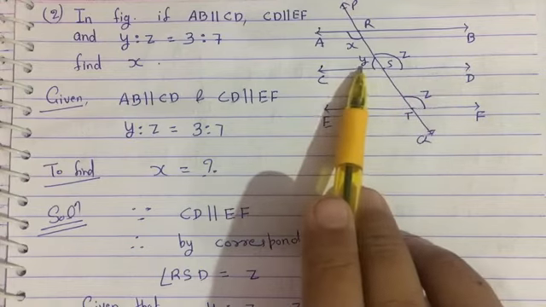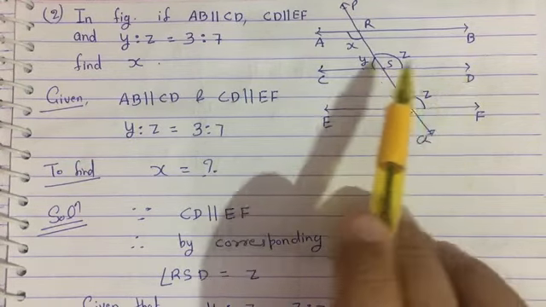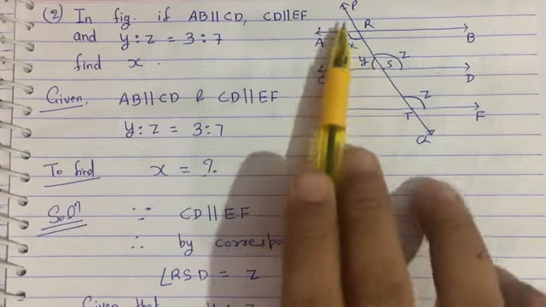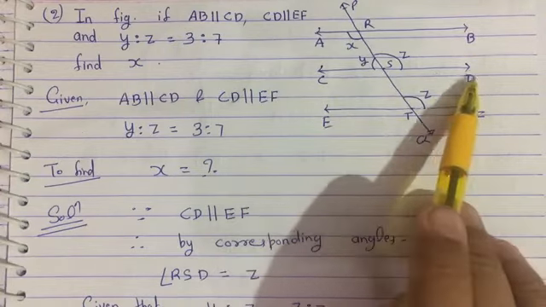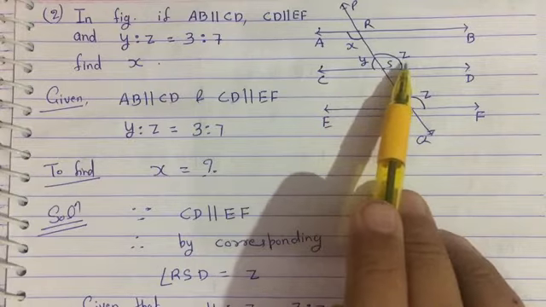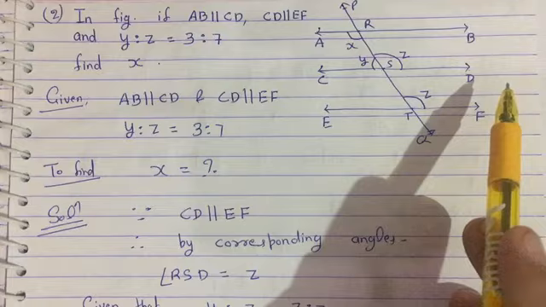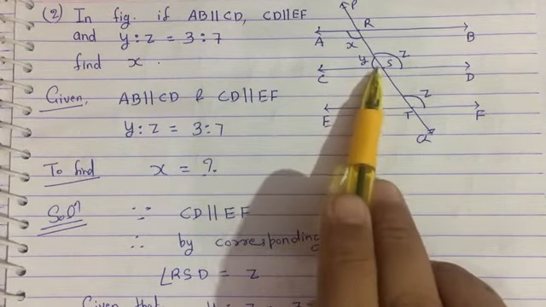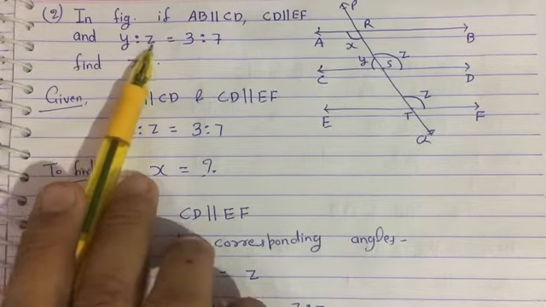Since CSD is a line, and RS is a ray standing on CD, that's why it forms a linear pair. It means angle y plus z is equal to 180 degrees.